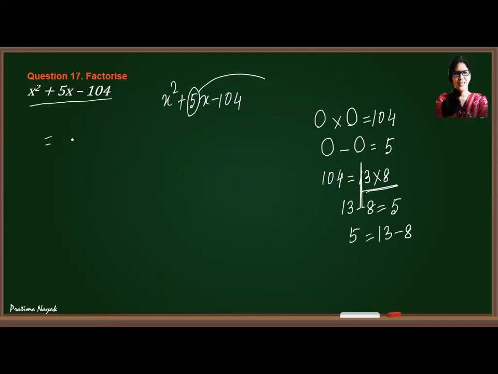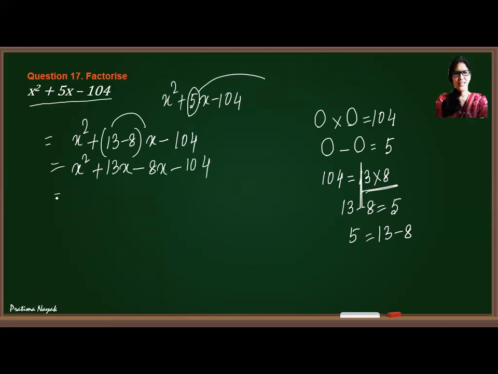So writing is very important. Plus I'll write 13 minus 8 x. Once you understand, you can skip the step, but don't skip the step if you are not confident. So 13x will be positive and minus 8x will be negative, minus 104. Then I'll take x common, x plus 13, minus 8 common, x plus 13.